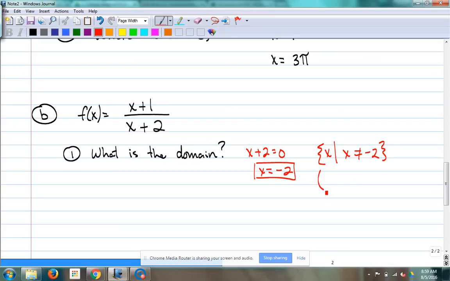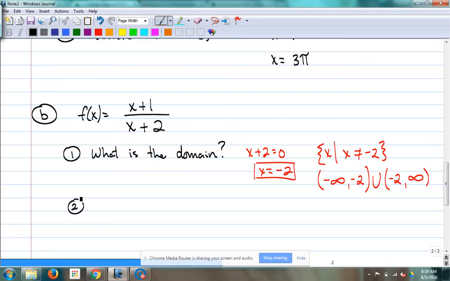Always going to be parentheses on the infinities, and then we're skipping negative 2, so we've got to do parentheses on those. Good job. So that's the domain. We can find that without even graphing it. That's handy to know.